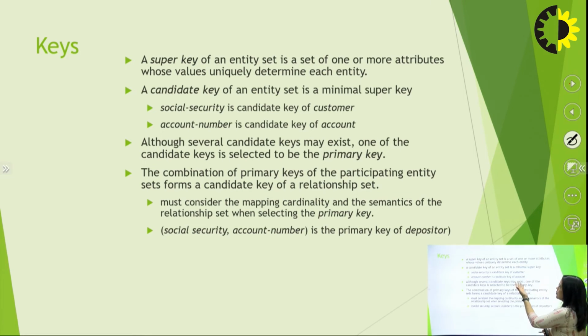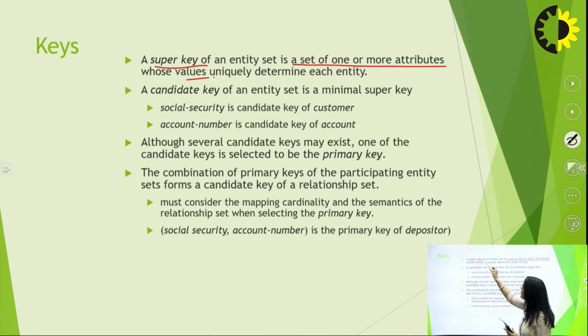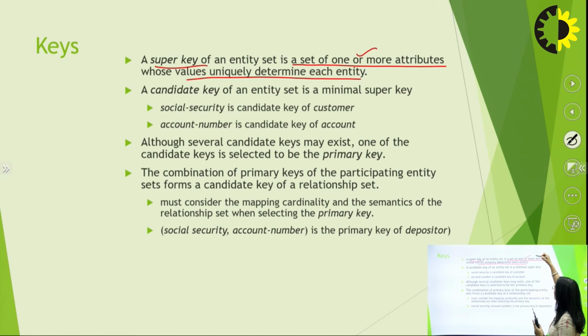There are many types of keys. A super key is one or more attributes by which we can uniquely determine each entity. But why is it a super key? Because here we have one or more attributes, so there may be some extraneous attributes.